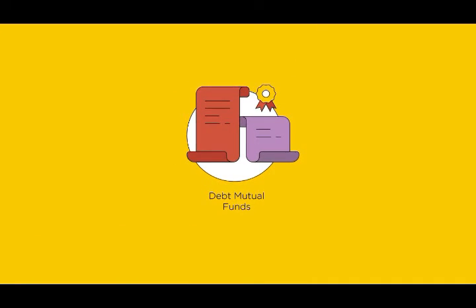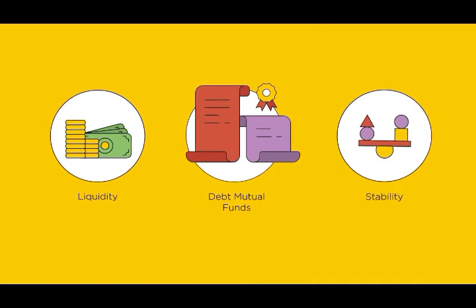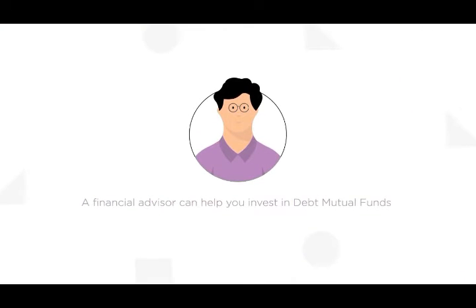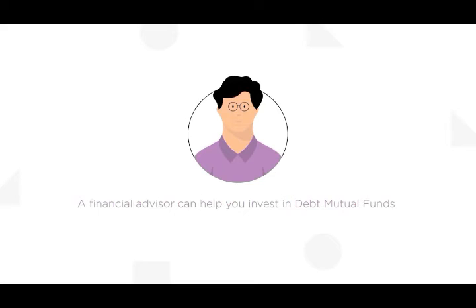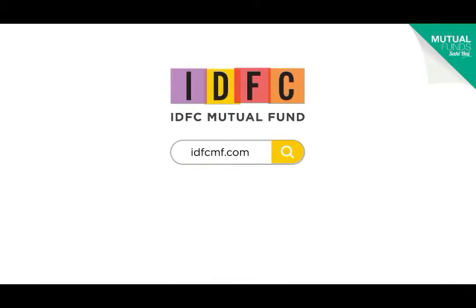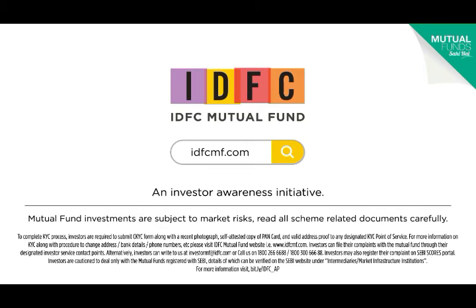Debt mutual funds can provide liquidity and stability to your portfolio. A financial advisor can help you invest in debt mutual funds and bring relative stability to your portfolio. Visit idfcmf.com to know more about debt funds. Happy investing. Mutual fund investments are subject to market risks. Read all scheme-related documents carefully.